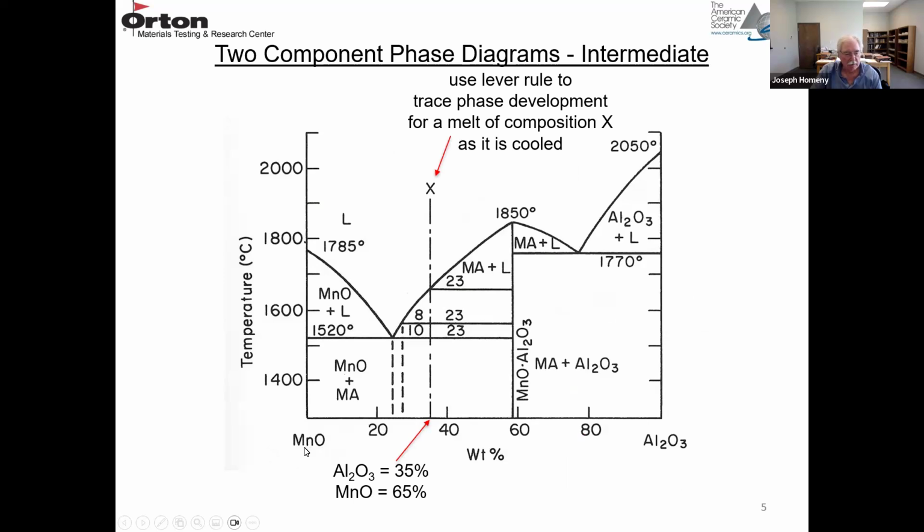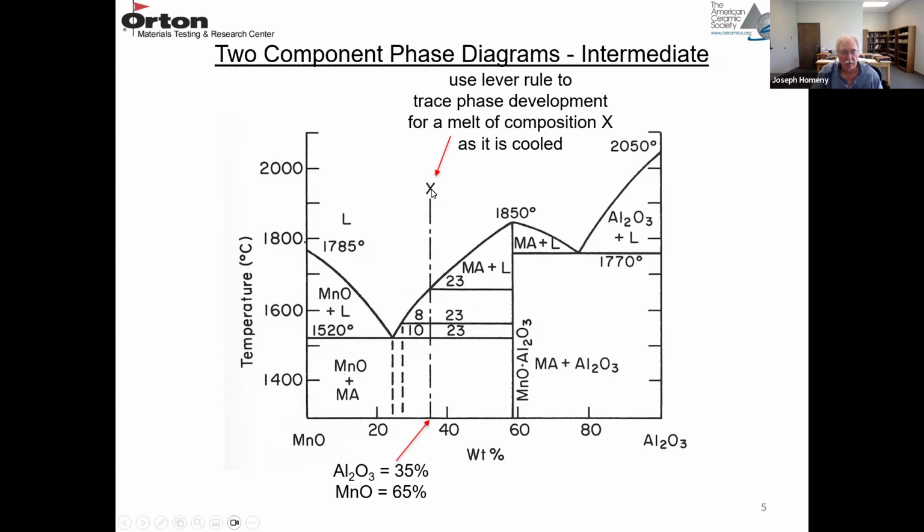So this is the phase diagram for MnO Al2O3. There's one compound here, MnAl2O3, which is abbreviated Ma. So you have a simple eutectic binary, Al2O3 and Ma, and another simple binary, MnO and Ma.